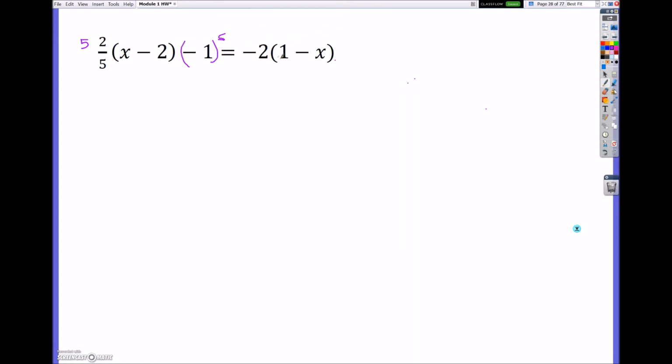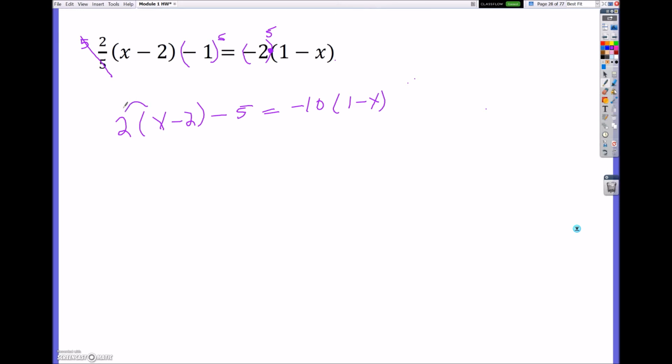While this looks like multiple terms, it's only one, because of the parentheses, there's a multiplication sign right here. So this is going to cancel, and I'm going to have 2 times the quantity of x minus 2 minus 5 is equal to negative 10 times 1 minus x. And I believe I said negative 5, it's actually negative 10 like I wrote down.